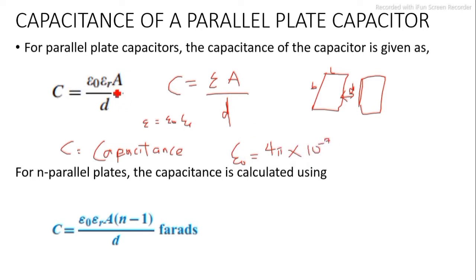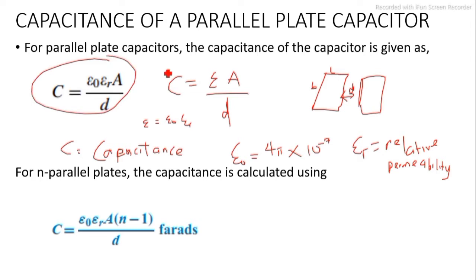Your epsilon R will be given for the material. Epsilon R is known as relative permeability, to be given. So this is the formula to calculate the capacitance of a parallel plate capacitor.